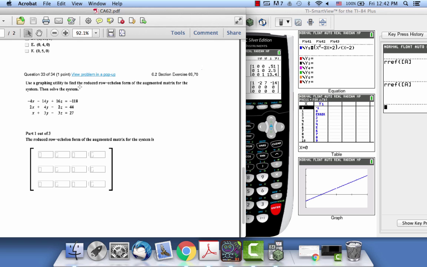Alright, so we want to use a graphing utility to find reduced row echelon form of this, and then solve it.